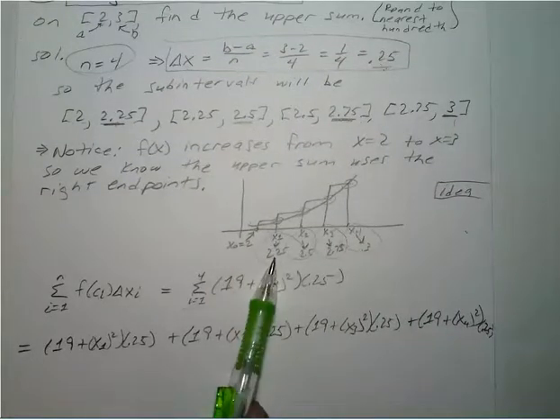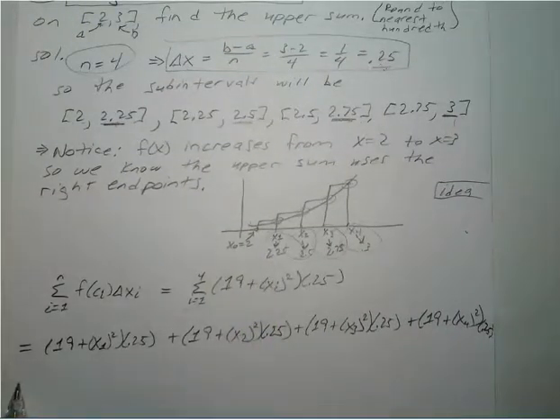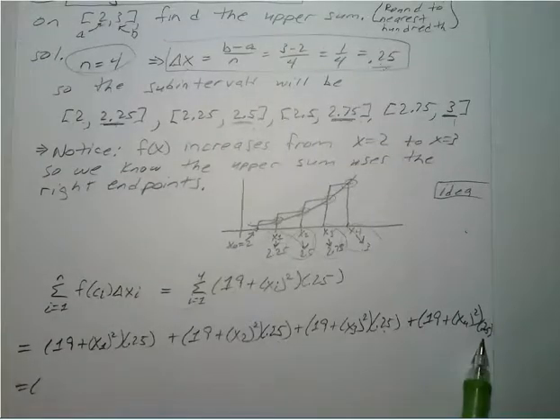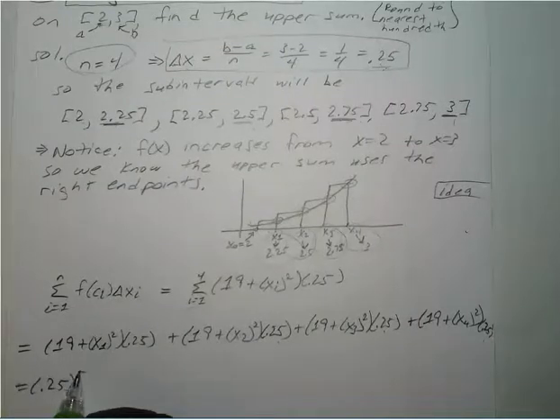Okay, so we plug in our x sub 1. Actually, first we're going to factor out the 0.25, so we don't have to keep writing that over and over again. So we factor the 0.25 out of all of those.